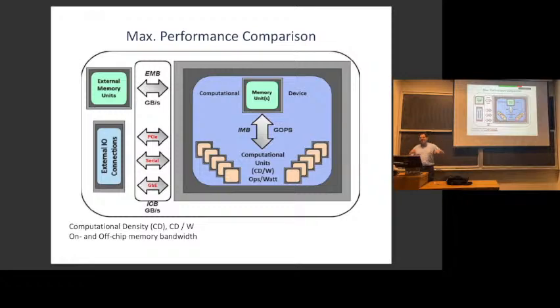If I have all my data on chip, how much compute can I do? And then they also ask, how much off-chip memory bandwidth do I have? They take into account on-chip memory bandwidth when calculating these two numbers. They then also want to look at how much off-chip memory bandwidth I have, to see if I can get all my data in and out if I have a big data set.